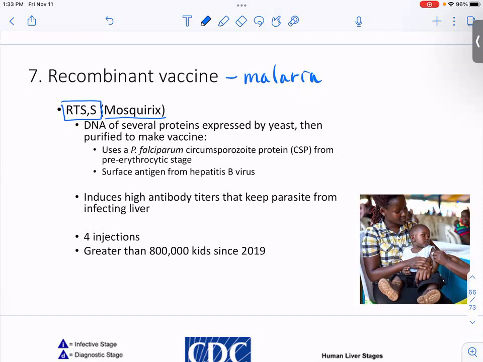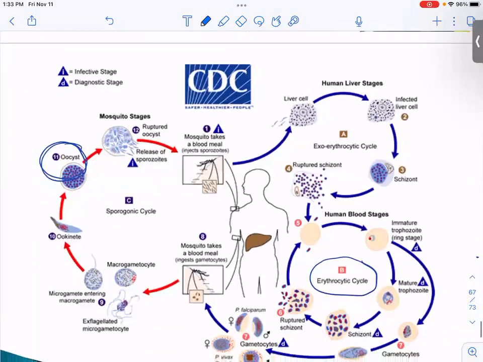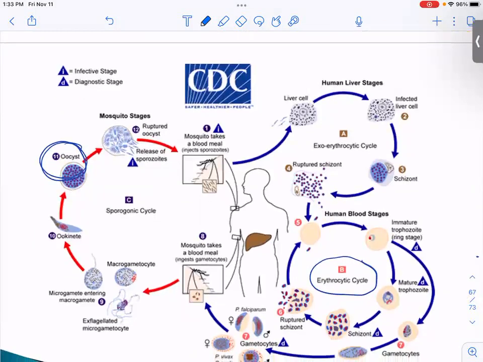And they've taken a protein from the surface. Just to remind you, we talked about this a long time ago. When malaria infects humans, the first place that it goes is, I think, a hepatic vein, so one of the veins in the liver.